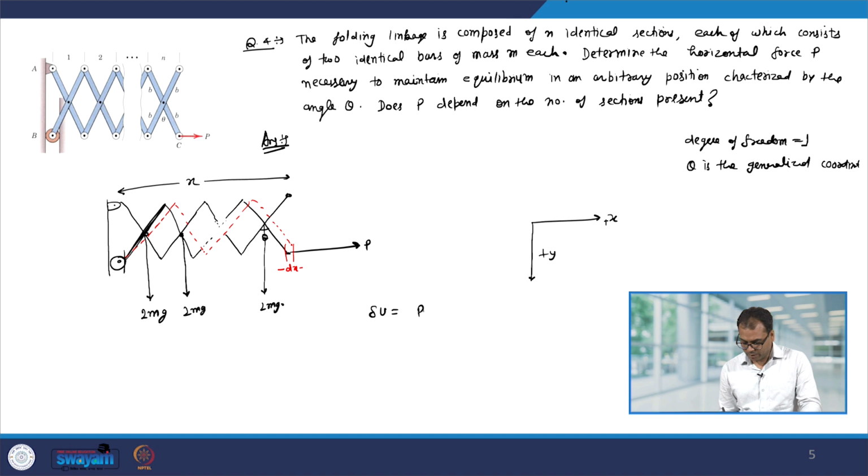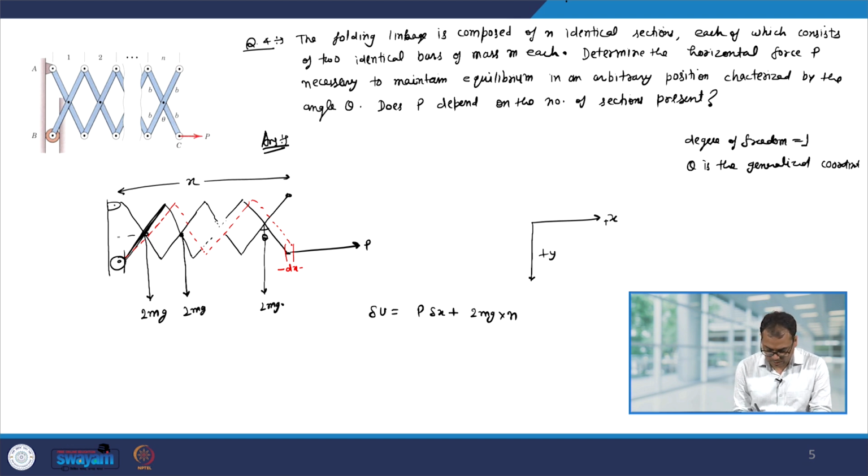So, du will be p dx plus, because of this force, there are 2mg force, but there are n such sections. So, therefore, the total weight will be 2mg into n, and because of that its center of mass is going to lift.